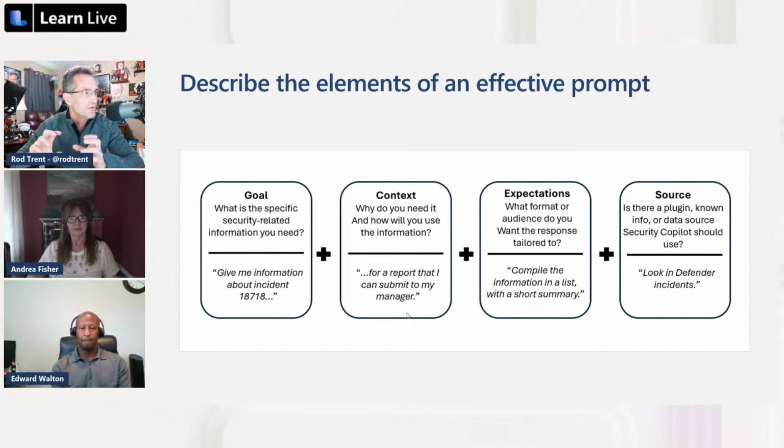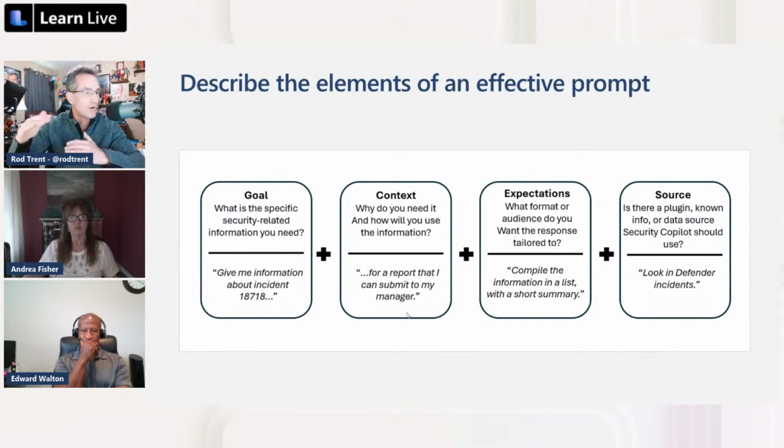Now we can hone in and get very specific about this prompt by also adding some expectations and what source we want that information to come from. So I want information about incident 18718, and I want a report for my manager, but now I want to compile the information in a list with a short summary. Not just a report.